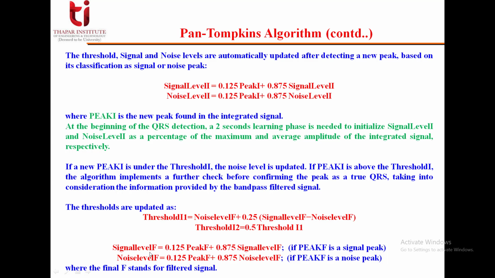Now the signal level f will be 0.125 peak f, which is now from the filtered signal because it is cross checking basically, plus 0.875 signal level f if this peak f is a signal peak, and it will use noise level f if that peak f corresponds to a noise peak. So in this way we can update the threshold as well as the signal levels.